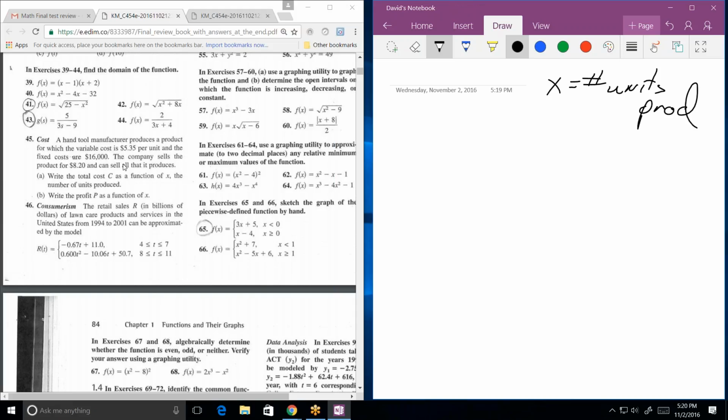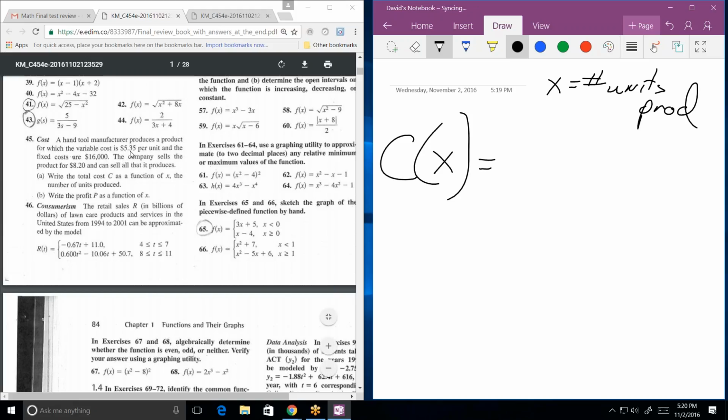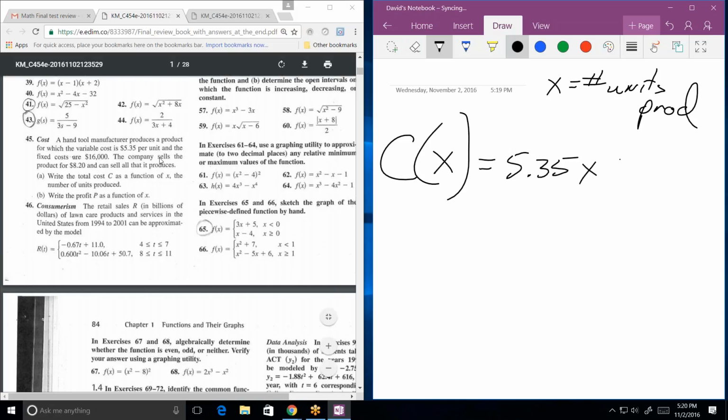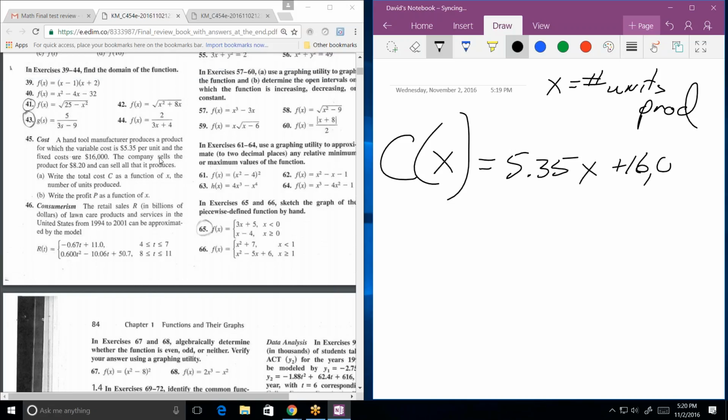And the cost function as a function of x, we'll write it like that, is a variable cost of 535 times the number of units per unit, so that's x, that's our variable cost, plus a fixed cost of 16,000. So there's your cost function.